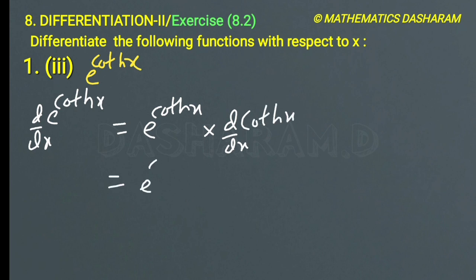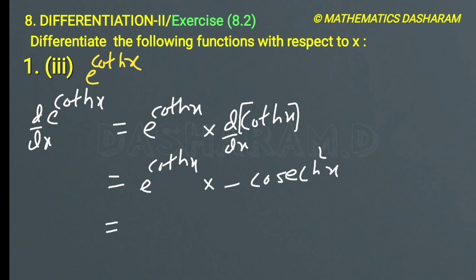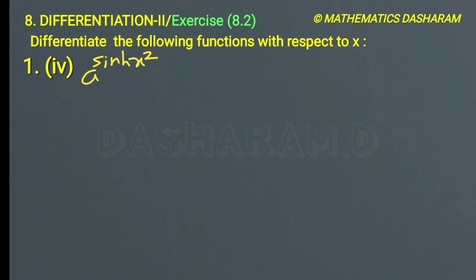So it equals e power coth x into the derivative of coth x, which is minus cosech squared x. Then the final answer is minus cosech squared x into e power coth x, our required answer.